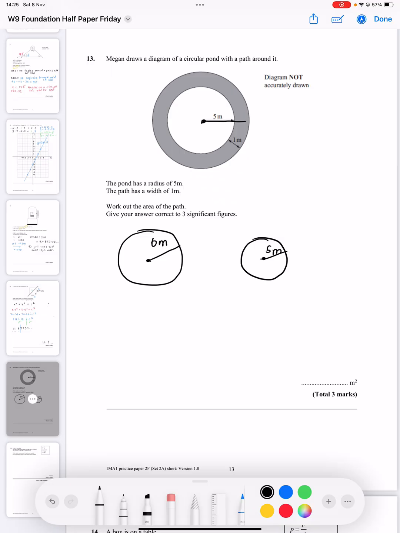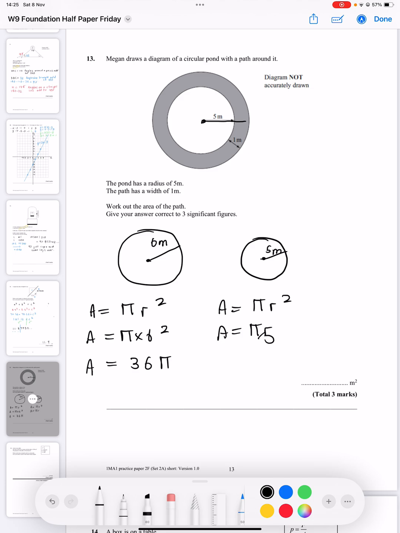On my formula sheet, it reminds me the area of a circle is pi r squared. So the area of the large circle is pi times 6 squared. My calculator gives me in terms of pi, 36 pi. The area of the smaller circle is pi times by 5 squared, which gives me 25 pi.